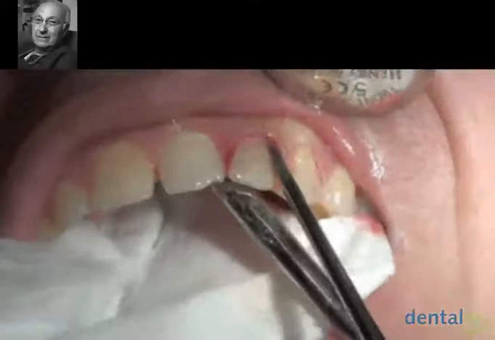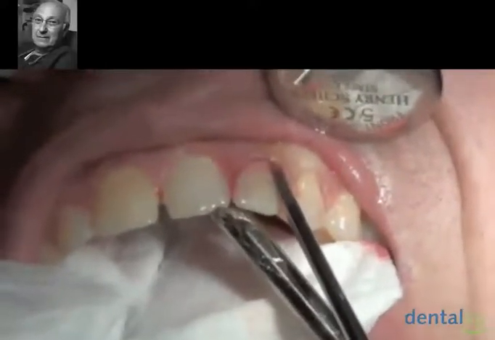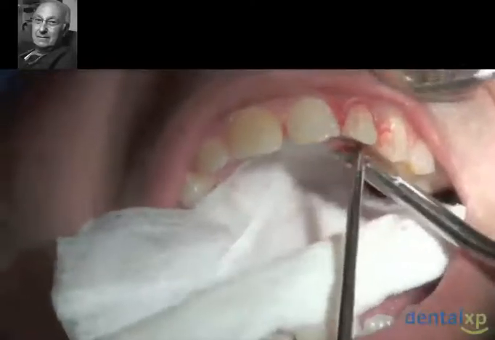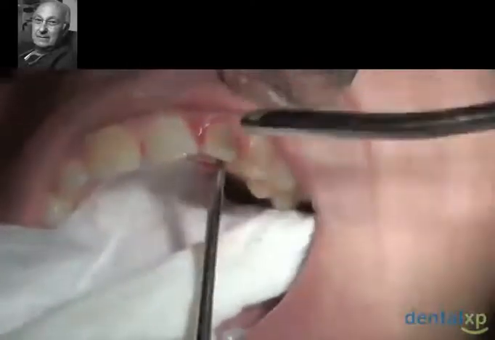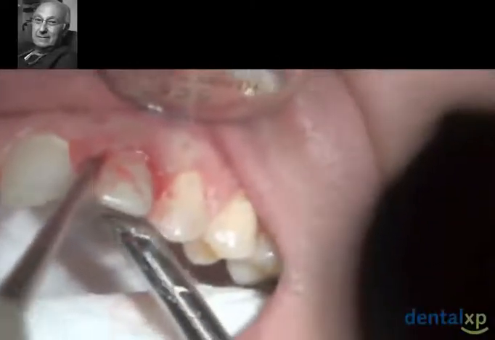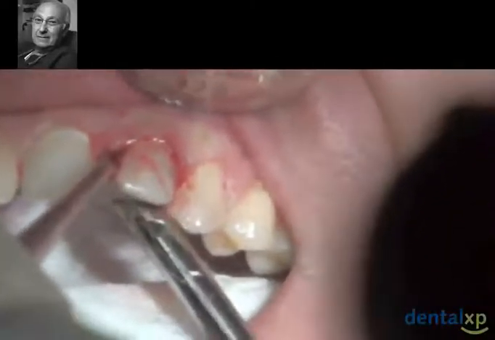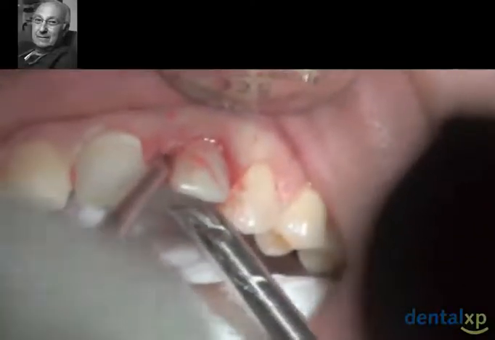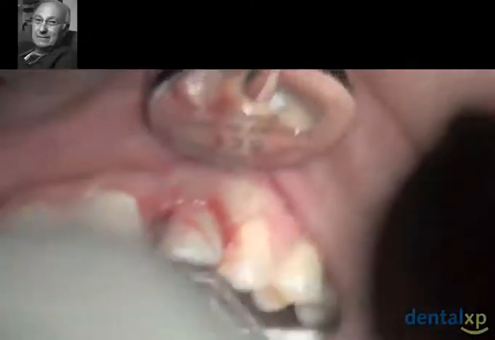You will notice that as the luxators are used, the tooth will begin to give or to be noticeably loosened or moving. We use these instruments primarily mesial-distally, although occasionally we will use them on the palatal aspect, but we do avoid the facial aspect whenever possible.